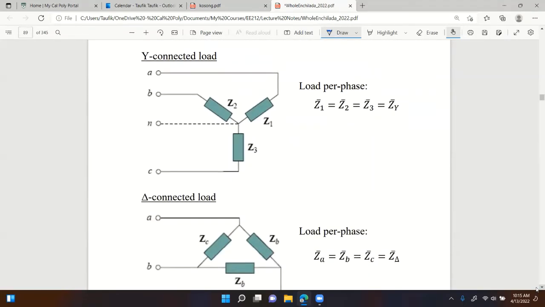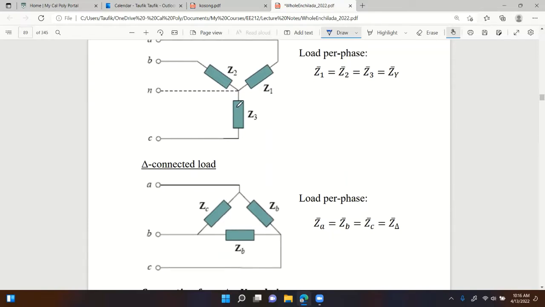Another thing that we went over on Monday is the two different three-phase circuit configurations. It could be a Y connection, or it could be a delta connection. For a Y connection, the first property that we learned is that it has a common node, such as this one right here. You can clearly see the common node.